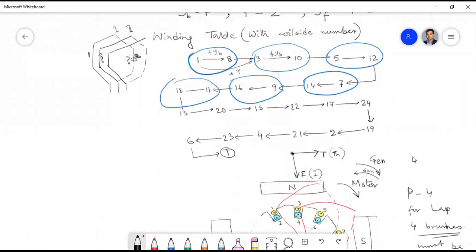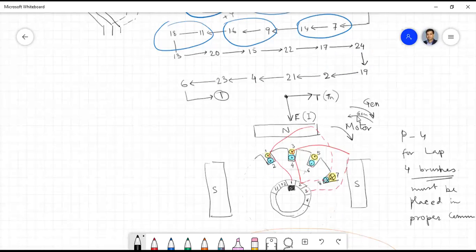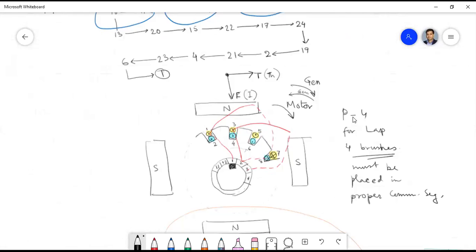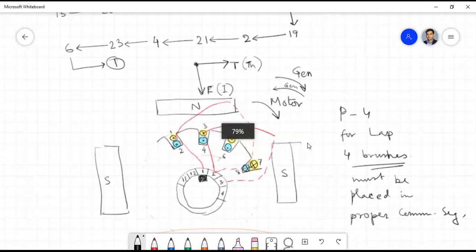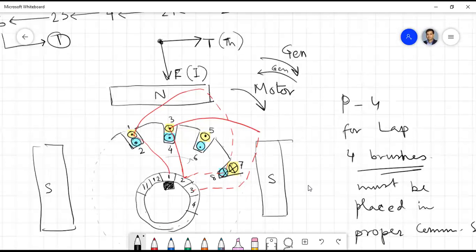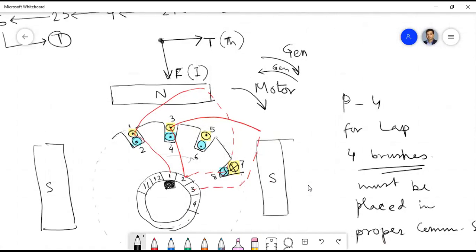Okay, so let's start with this. Here you see this particular coil side, that is the 7. Now you see 1, 3, 5, all these coil sides are carrying dot current. And coil 7, 9, 11, these 3 coils will carry cross current.